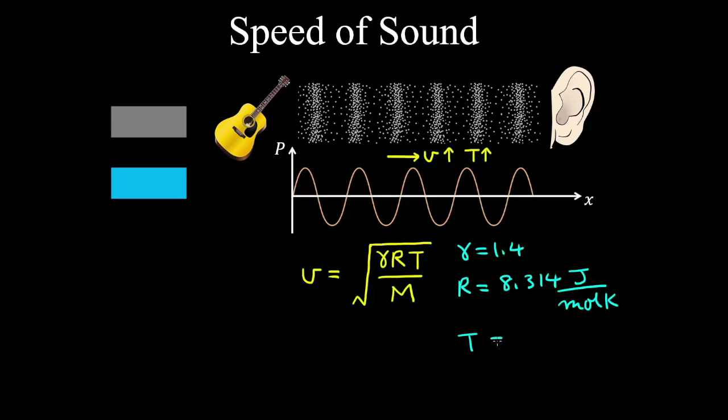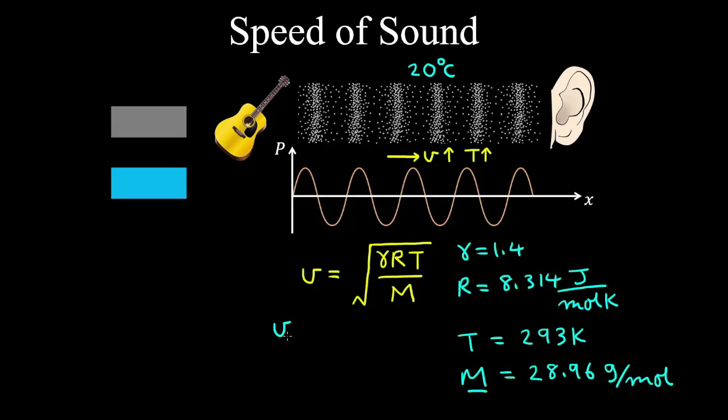And the absolute temperature in Kelvin of a medium that has a temperature of 20 degrees Celsius is 293 Kelvin. And the molecular mass of air is around 28.96 grams per mole. So if you converted the molecular mass to kilograms per mole, you'll get the speed of sound in air being around 343 meters per second at a temperature of 20 degrees.